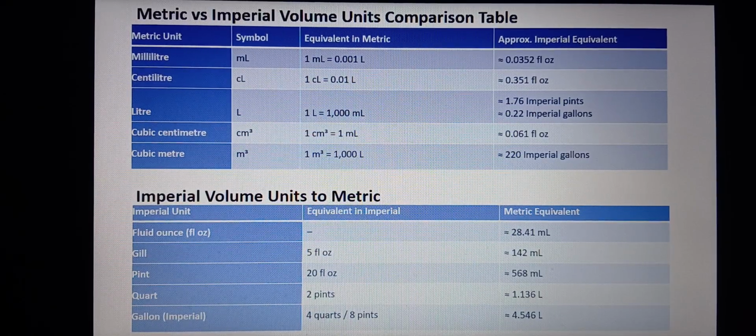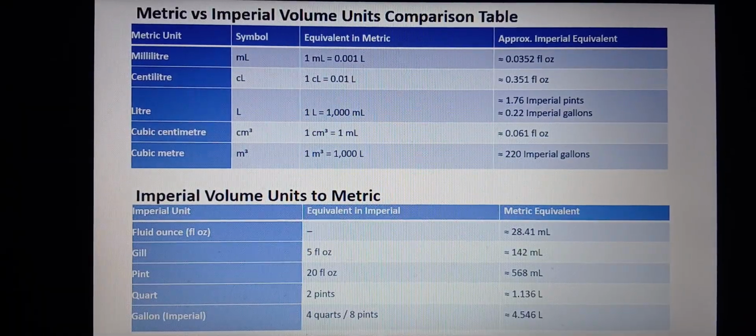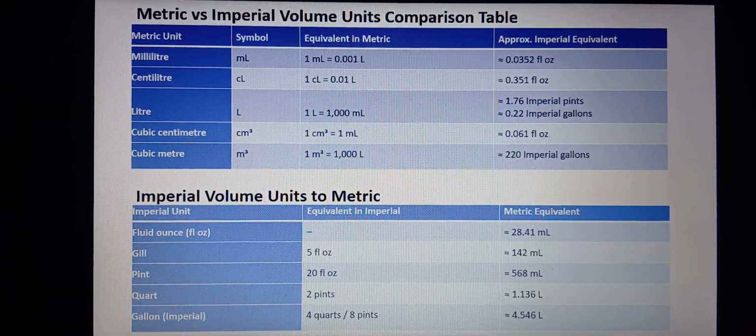If you compared imperial volume units to metric, would be this table at the bottom. So if you look at a fluid ounce in imperial, there isn't something for that, but the metric equivalent would be 28.41 milliliters. For a gill, and we'll discuss all of these words at a later stage, 5 fluid ounces is equal to 142 milliliters.